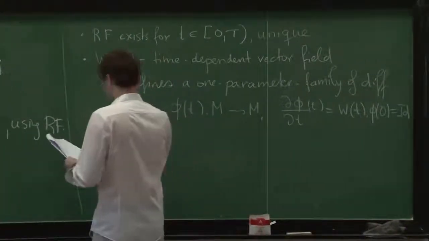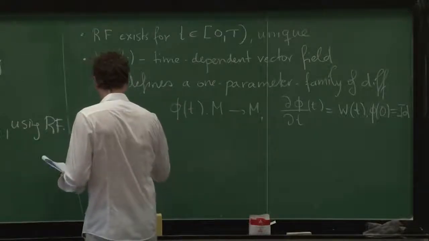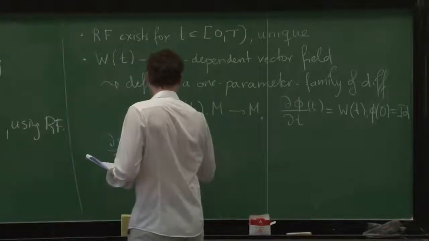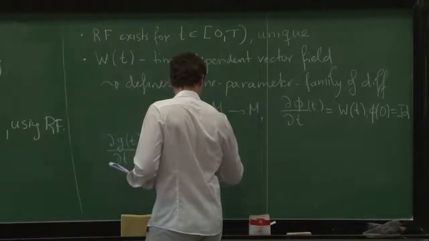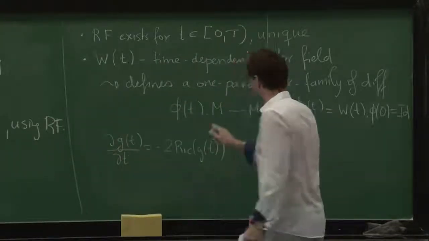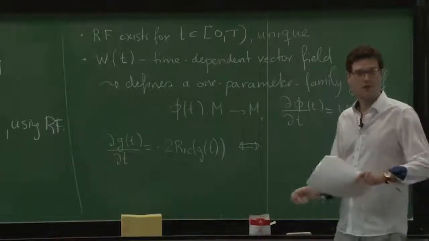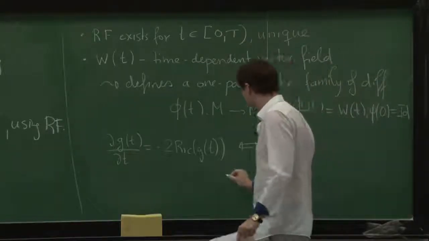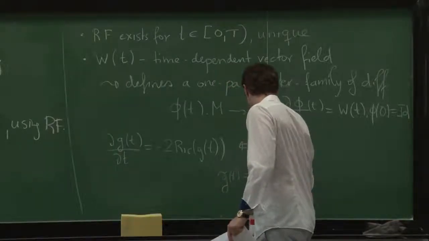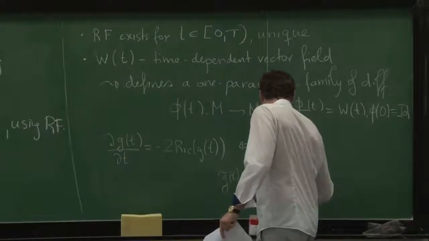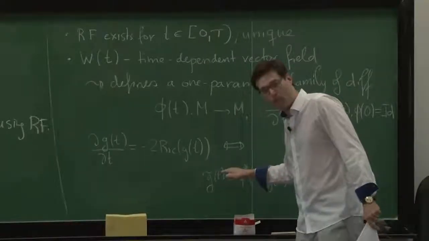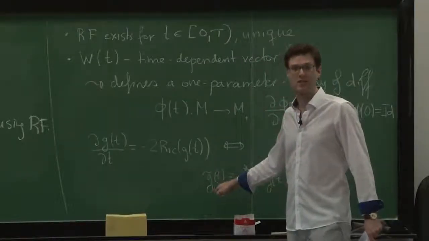And now, imagine you have a solution to the Ricci flow, and you now use these diffeomorphisms to pull back your metric. So you define a new family of metrics by taking the pullback of the original flow. And I wonder what equation the new pulled back family of metrics satisfies.